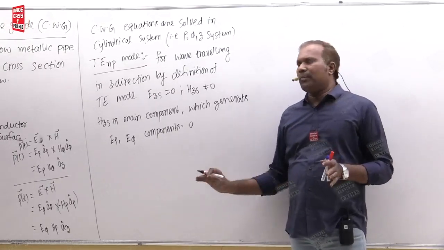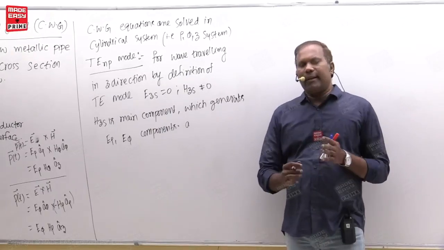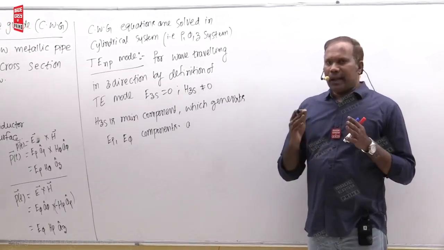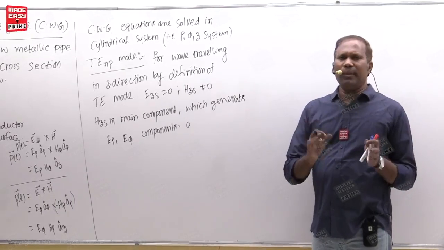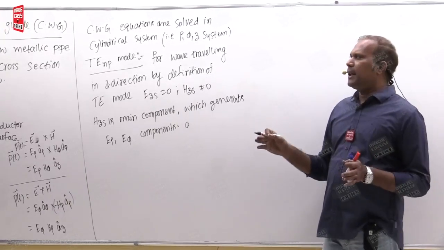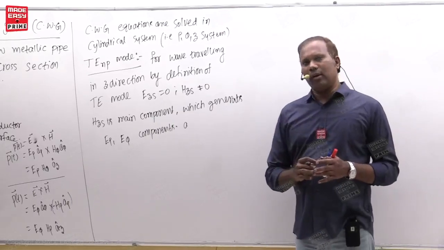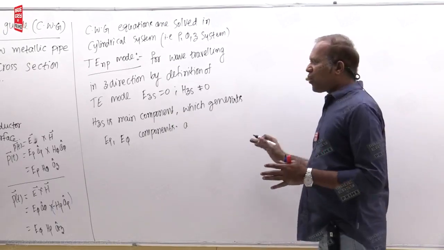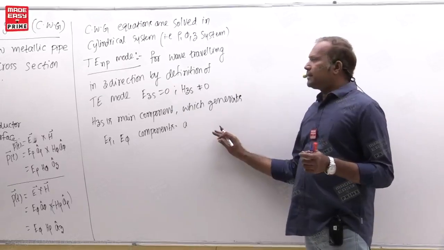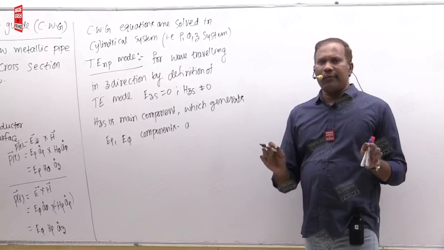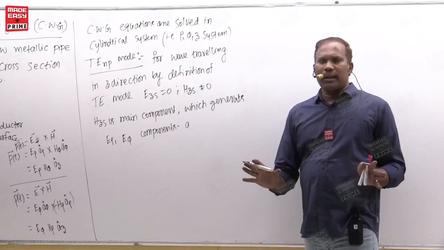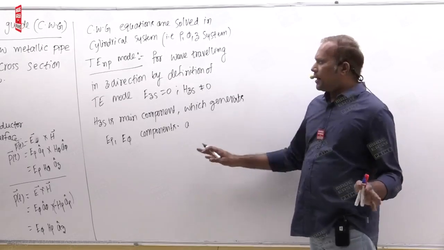So only the cutoff frequency formula changes. Then the beta formula, velocity formula, guide wavelength formula, and impedance formula will all be exactly the same as the TE and TM modes of rectangular waveguide respectively. So our focus is on getting the formula for cutoff frequency. If you remember the cutoff frequency formula, then it is done.